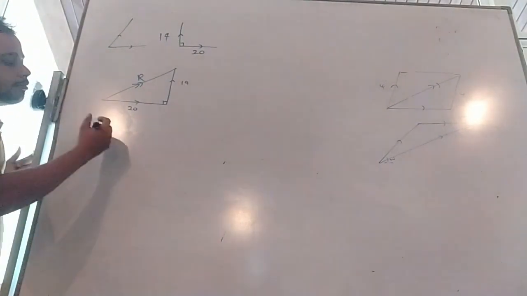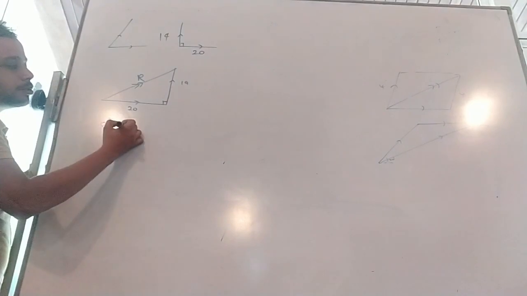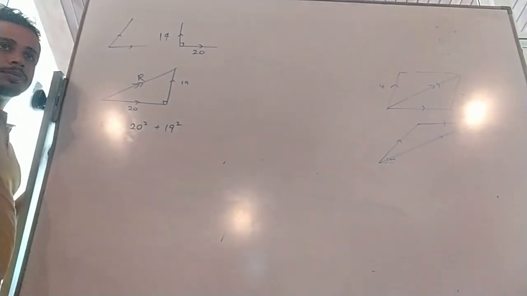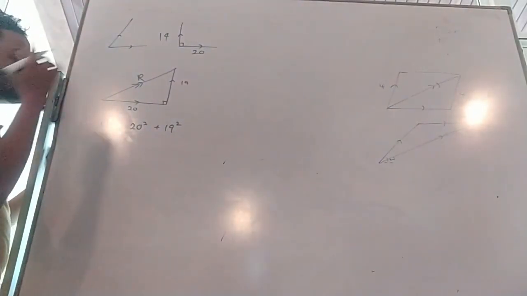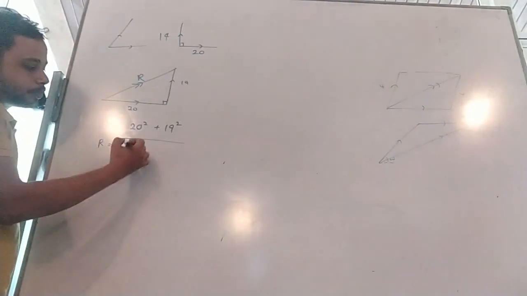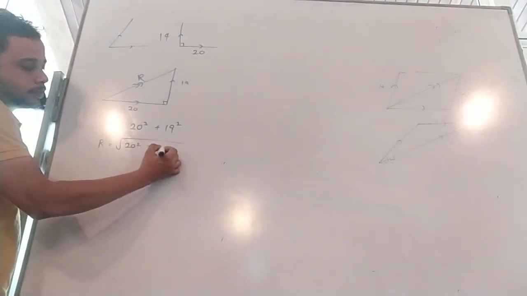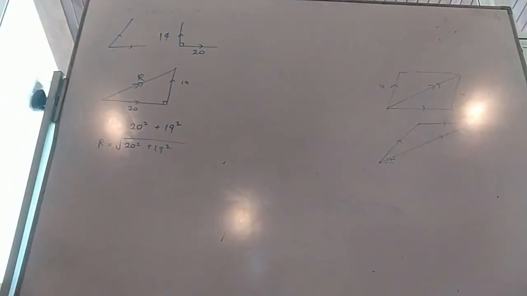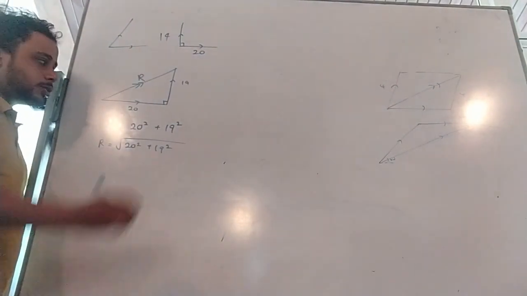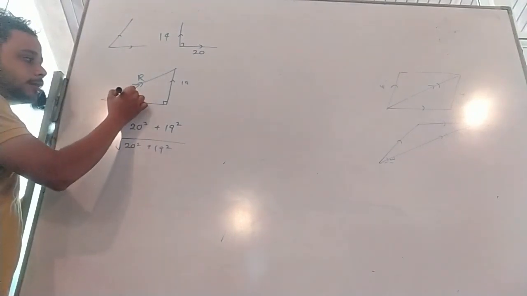So R squared is equal to 20 squared plus 19 squared, 400 and something. Then R is equal to the square root of this. Clear?